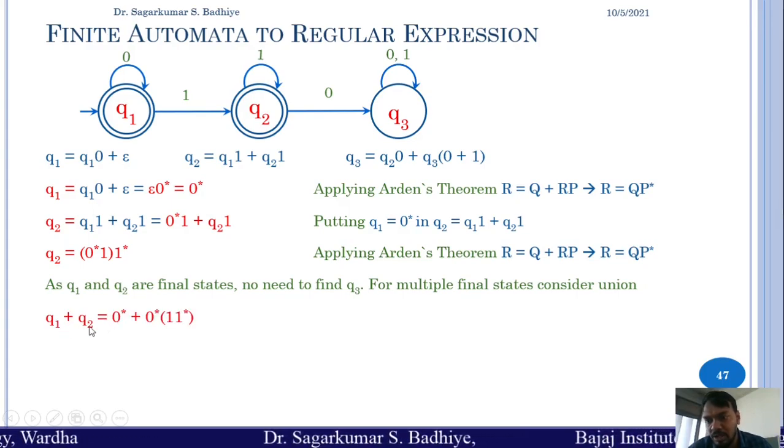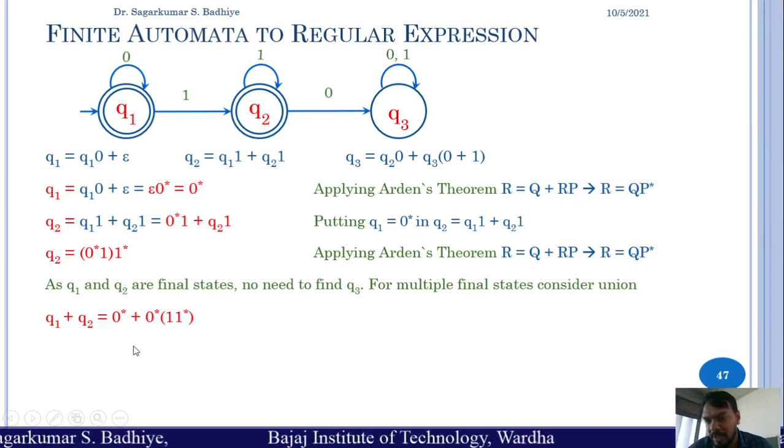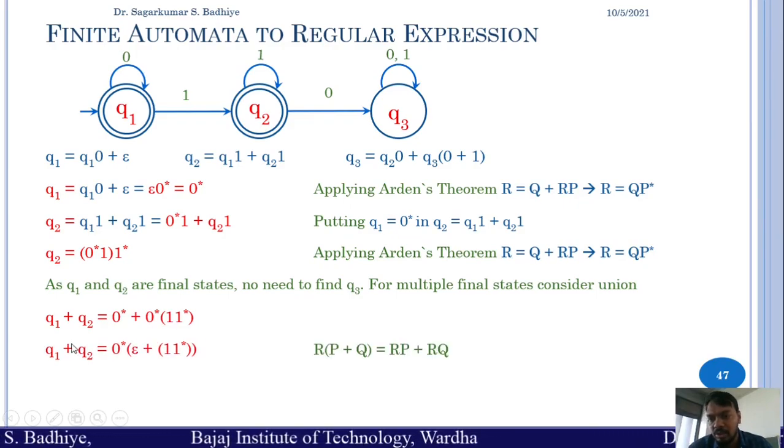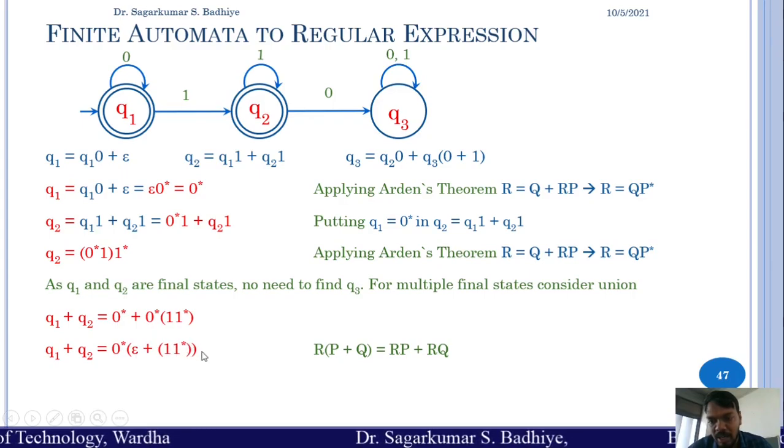Thus we get q1 union q2, which is nothing but 0 star plus 0 star 1 1 star. So either 0 star will be accepted or this expression will be accepted. If you look at this, 0 star is common, so you can take 0 star outside the bracket, and you will have epsilon plus 1 1 star.